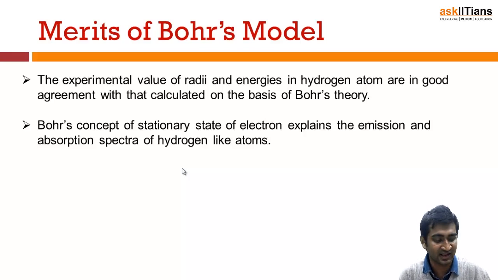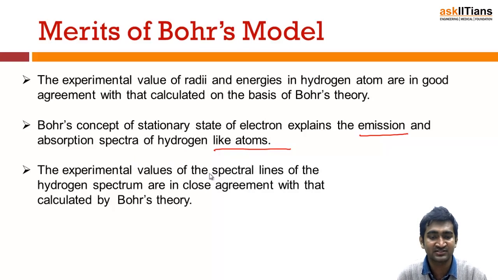But what I must tell you is that they were like the fingerprints of any human being; they will be unique. Even DNA testing is unique. In the same way, the spectral lines of any atom are unique. So Bohr's model was able to explain those spectral lines, and that's why the model was very well accepted. Whatever the experimental values of the spectral lines are, they are in close agreement.